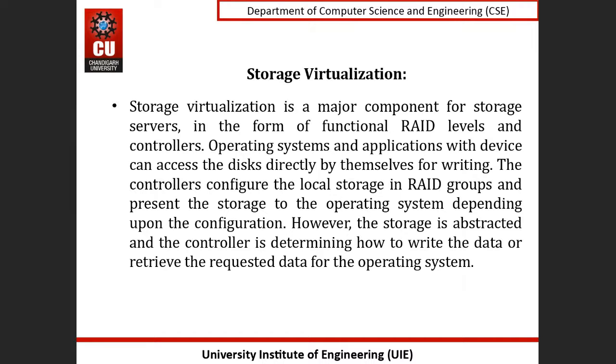We can write directly to the disks where we have to write the data. Basically you can assume that the array of disks is created through these different levels, through which storage can be made possible.